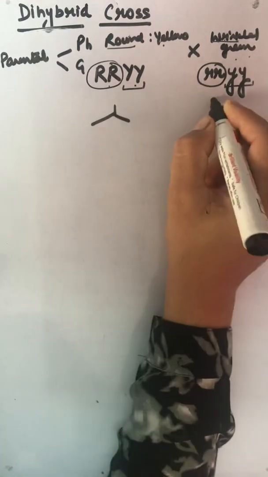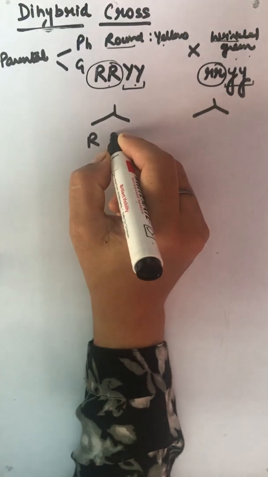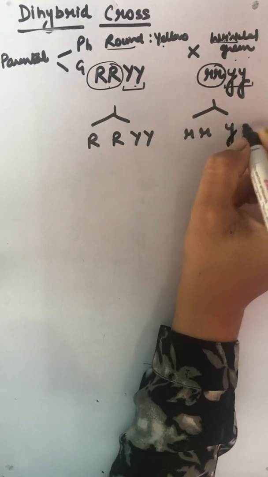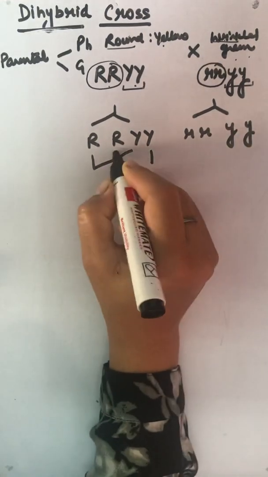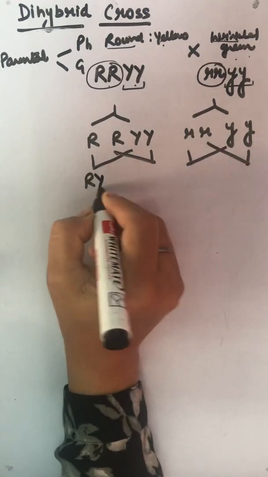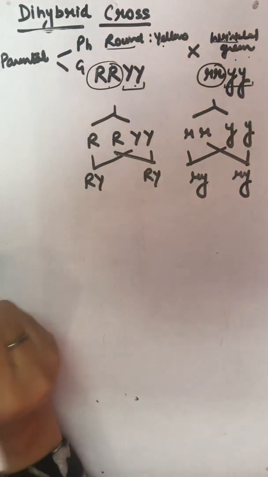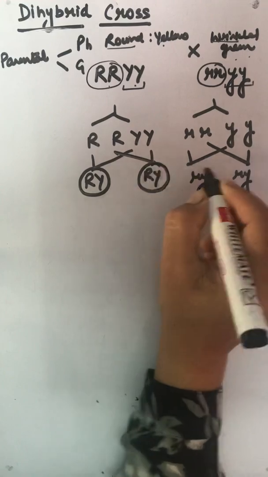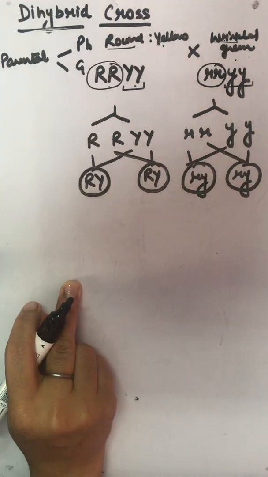First we will follow the law of segregation, where these gametes will automatically segregate from each other and pair up like this. Alright. When this is happening, these are the gametes which are ready for the next generation.